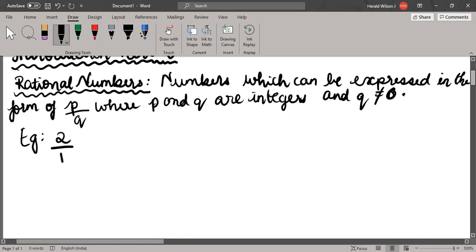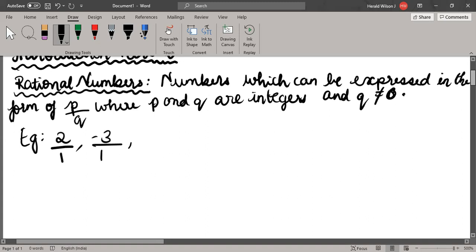That's why I asked you to check out the previous video in which I've explained integers completely. So 2 and 1 are integers here, and our Q, which is the denominator, is not equal to 0, as you can see. Now, is minus 3 an example? Of course it is, because again that is an integer and our denominator is not equal to 0 but 1.